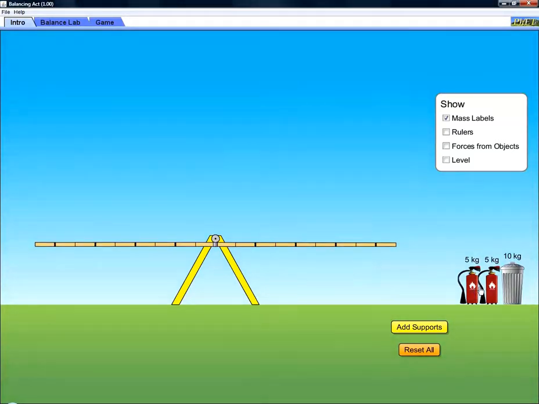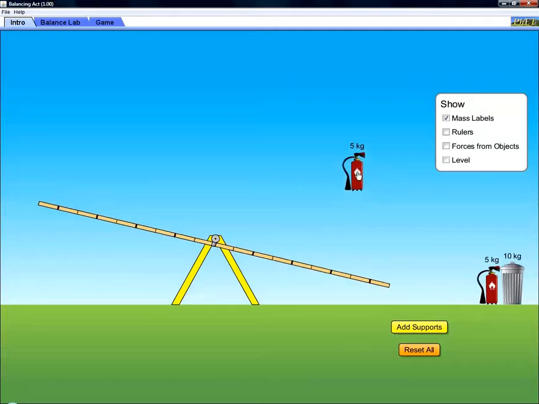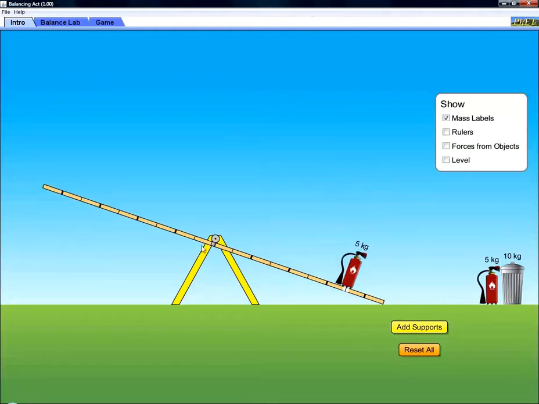Okay, if I plonk a weight, some kind of force on the seesaw, in this case a fire extinguisher, the force of the fire extinguisher turns the seesaw. Now, it's important to understand that what's happening to the seesaw is it's pivoting around the pivot. See? Turning around the pivot.